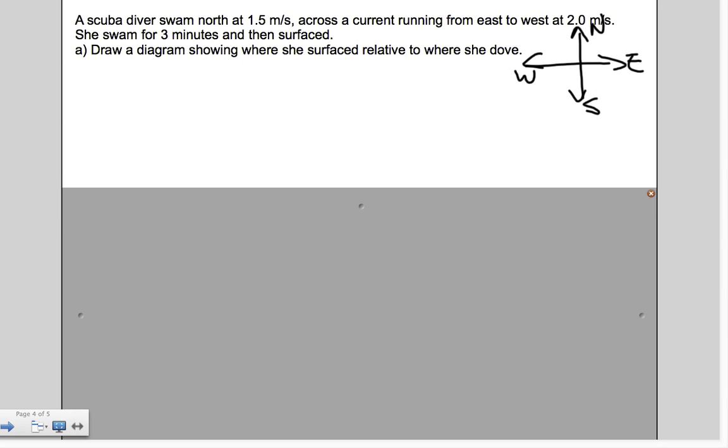Now we start thinking about what would happen if this diver jumped straight into the water, didn't swim, and just floated there. What would happen to her? She'd get carried by the current, right? So how is she moving? She's going from east to west, moving this way. How fast would she be moving? 2 meters per second.